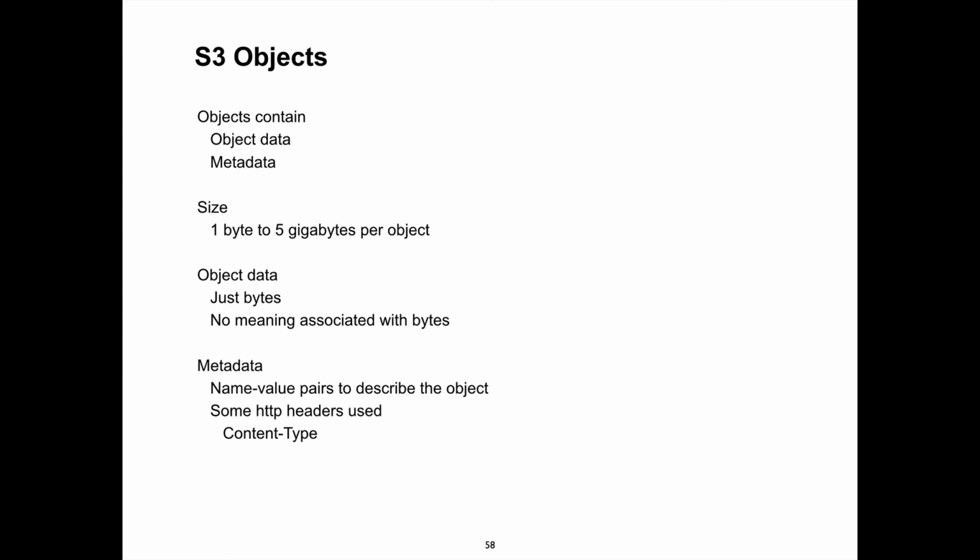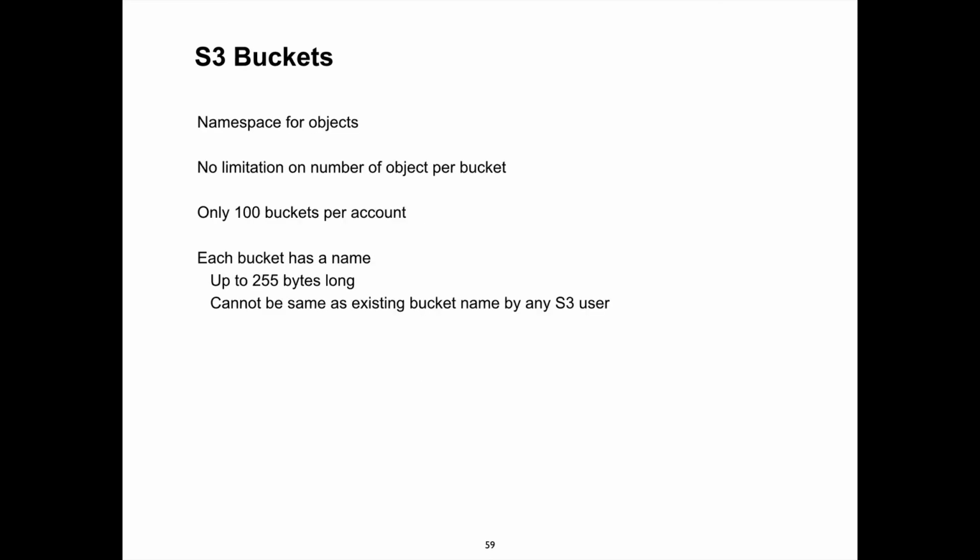Yeah, and they talk about objects being on the file system, files. And the files have data and metadata. Again, I haven't checked the current setting, but each file can be up to 5 gigabytes, which is big enough for us.